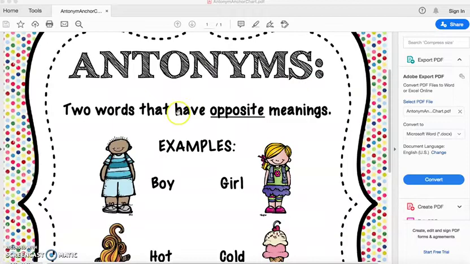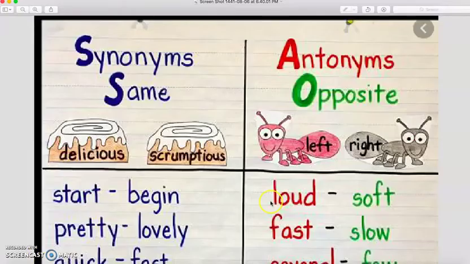Okay? So, I'm going to show you some more examples, and we will be doing just a quick revision of something else that we took last week. Last week we took synonyms. This is in our vocabulary strategy.